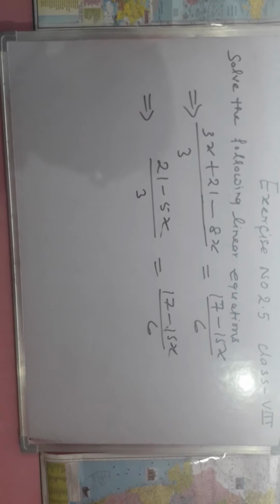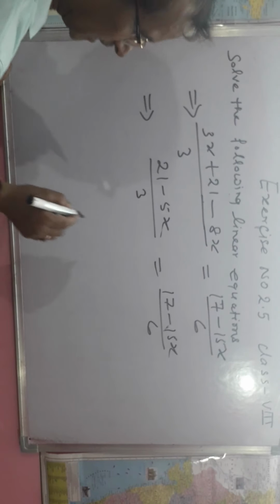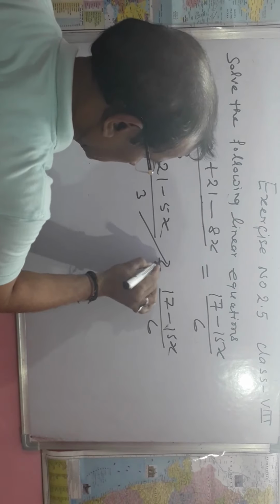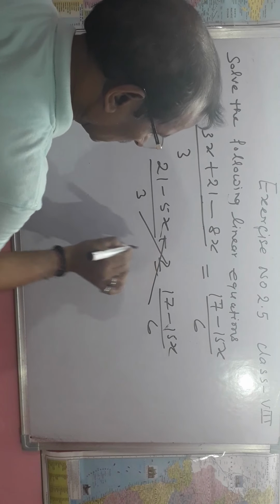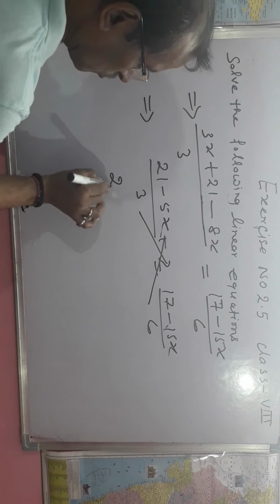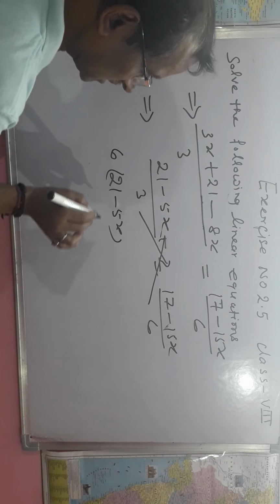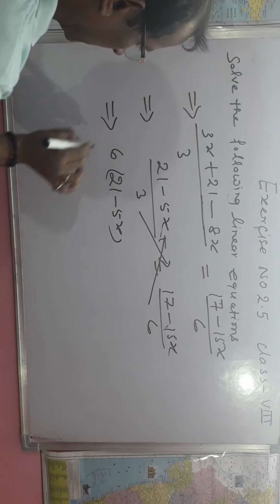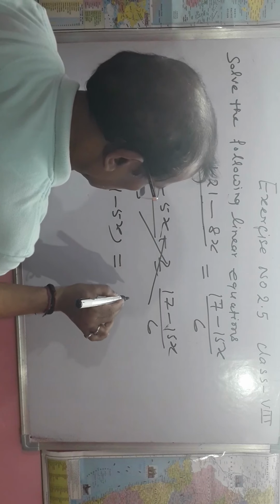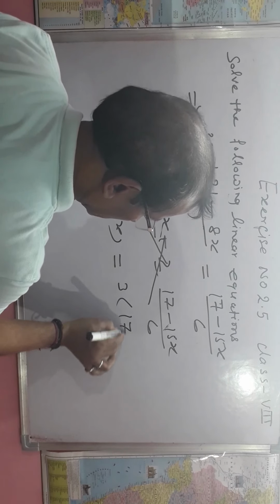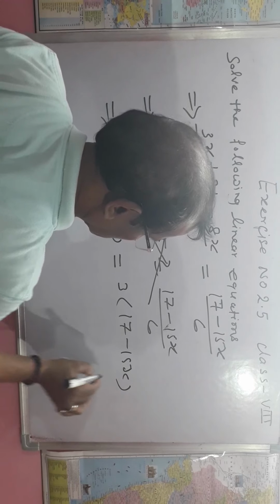Then we cross multiply these numbers. 21 minus 5x multiplied by 6 is equal to 3 multiplied by 17 minus 15x.